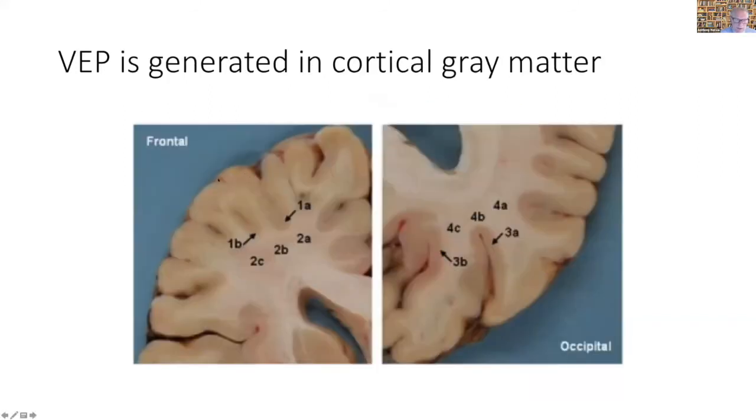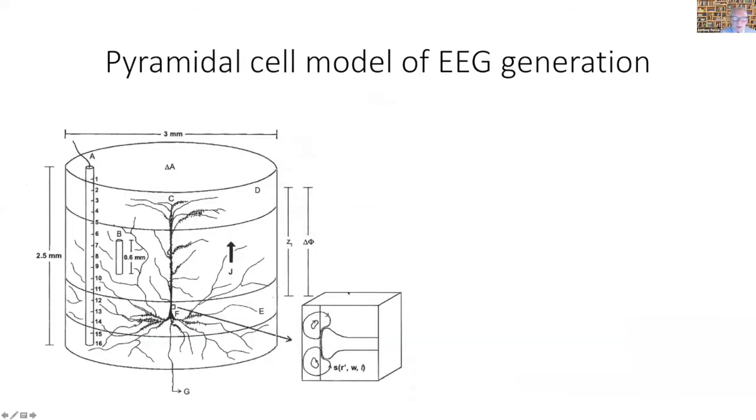The gray matter is where the EEG comes from, not the white matter. The standing model of how VEPs are generated is that they're generated by these elongated pyramidal cells. They're called pyramidal because their cell body looks like a pyramid. They're oriented at right angles with respect to the cortical surface.